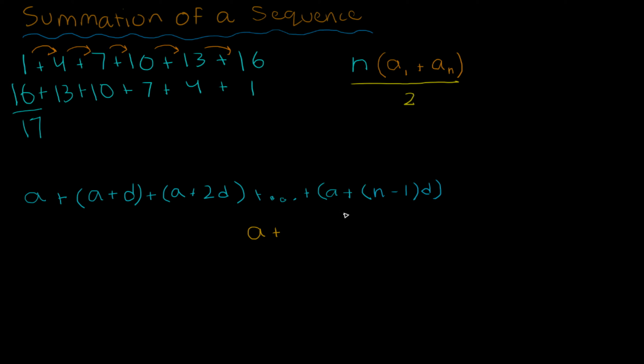We have the last term, which is, as we have figured out, a plus n minus 1 times d, and then we'll multiply all of this times n. And again, we also have to do our division by 2.